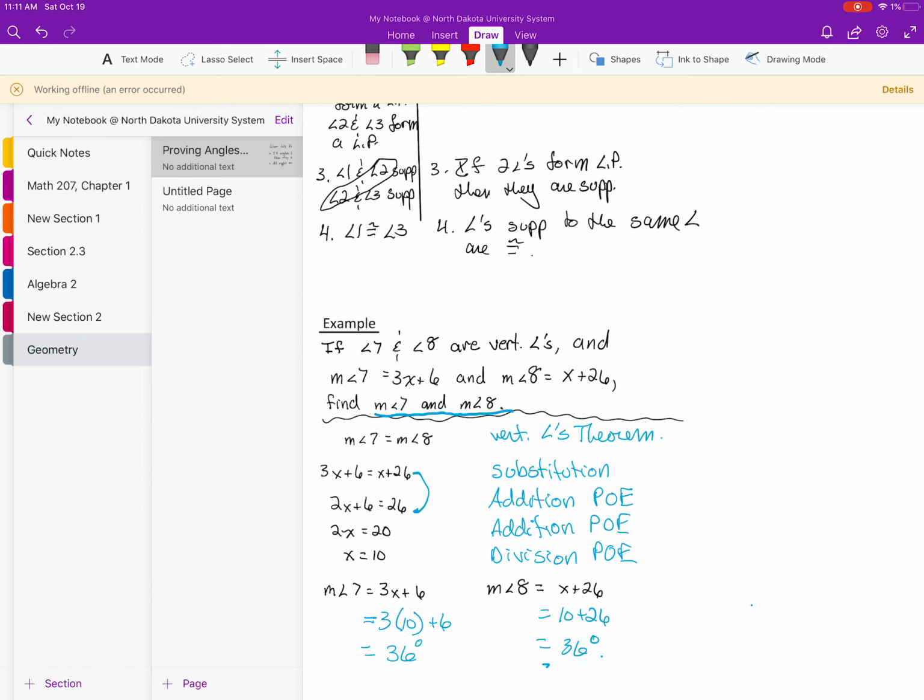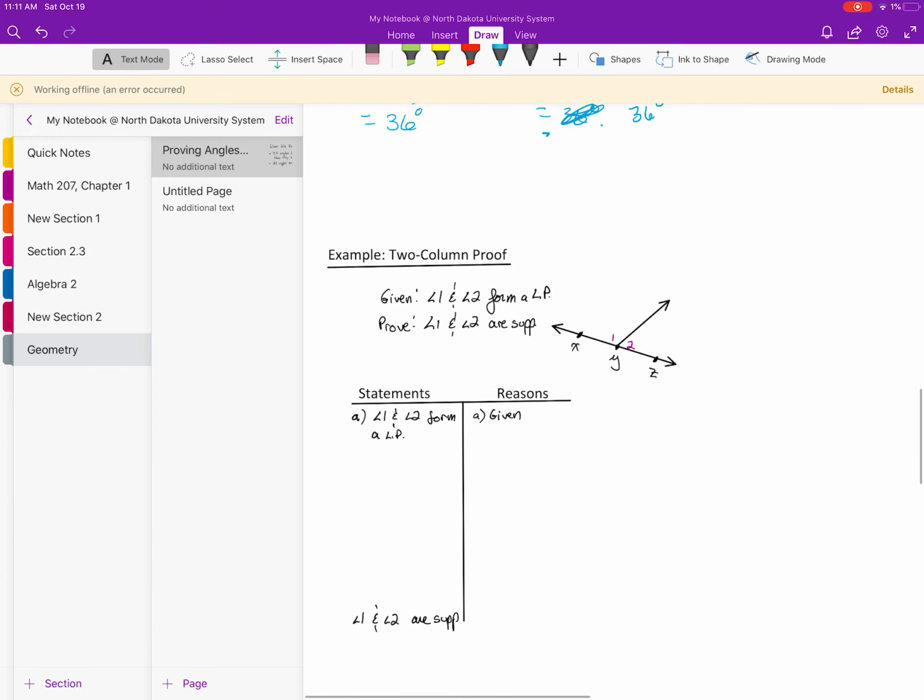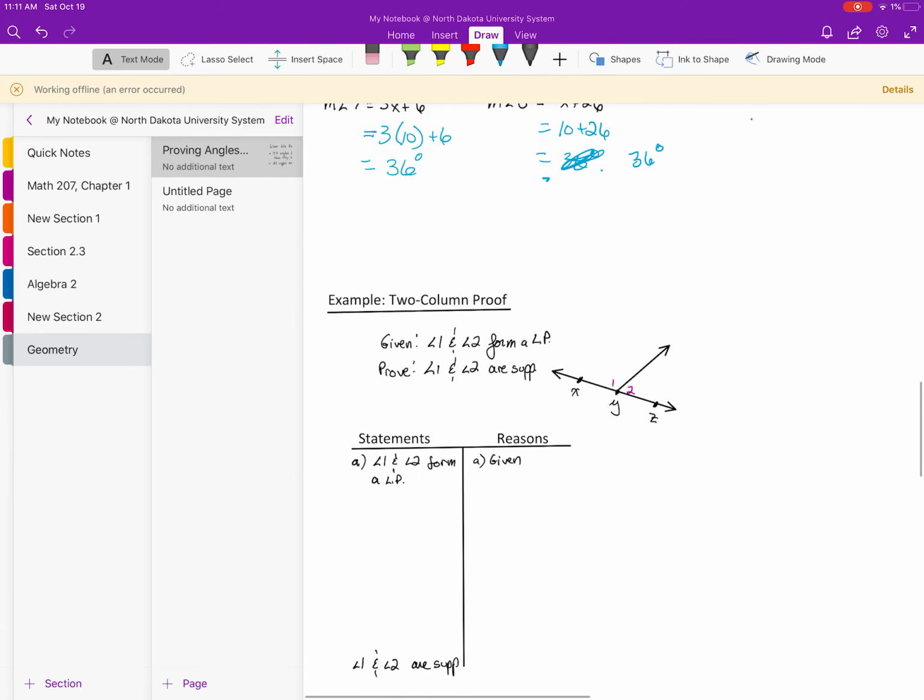And that's as expected, because they are in fact vertical angles, and if they didn't end up with algebraically the same measure, then it would mean that we did something wrong. Okay, last one, best one.